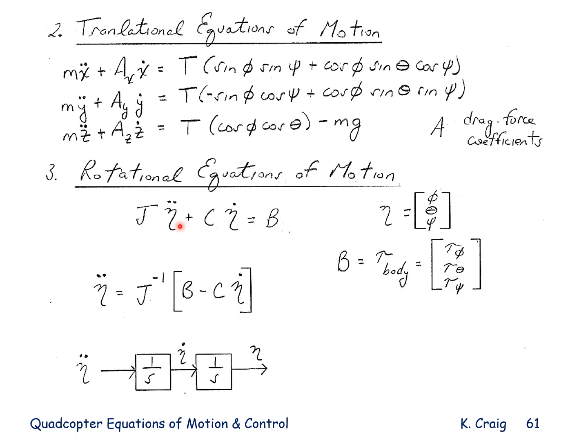To solve for eta double dot, I bring the C times eta dot to the other side of the equation, and I pre-multiply both sides by the inverse of J. I can then solve for eta double dot, and if I integrate once, I get eta dot, and if I integrate again, I get eta. These are the rotational equations of motion.